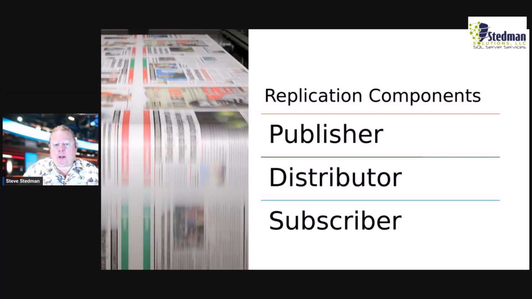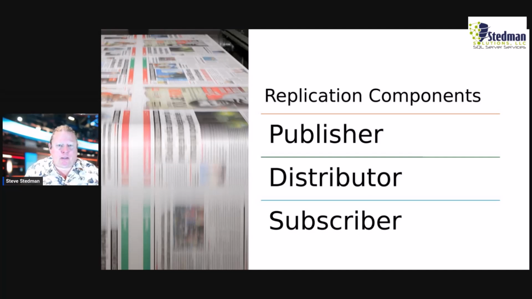The publisher and the distributor can often be on the same server, but they don't have to be. Your publisher is the primary database that the data is being published from, or sent from. And with merge replication, it's also the one the data is coming back to.